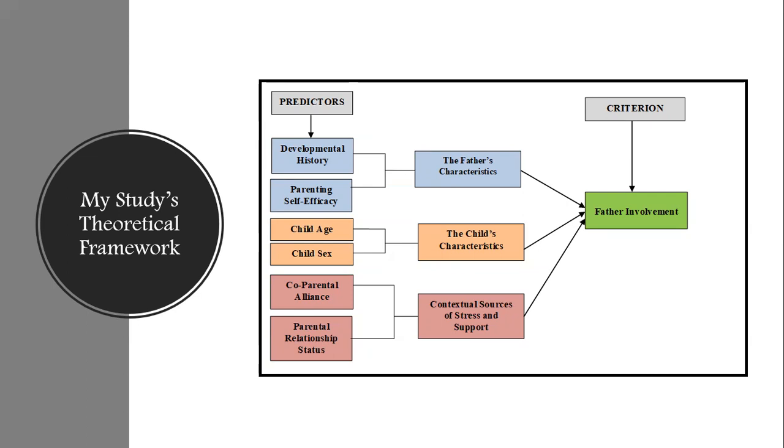And so as you can see on the previous slide that I shared, this theoretical model that I employed in my study was largely influenced by Belsky's process model of the determinants of parenting.